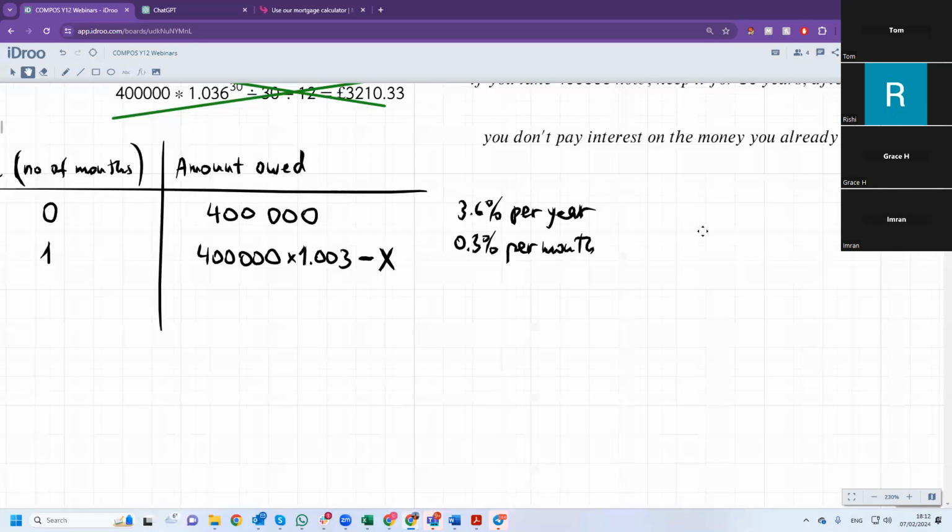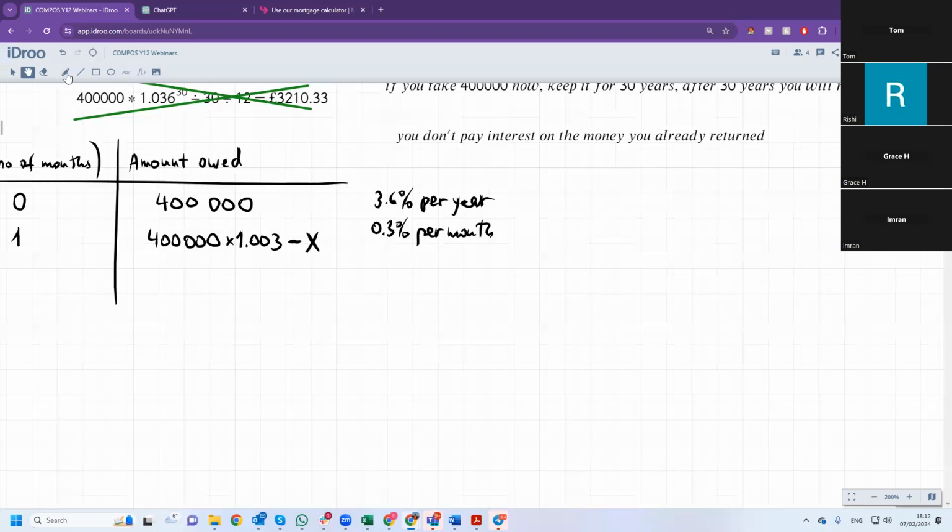So for instance, you had 400,000. After 1 month, you would owe 400,000 multiplied by 1.003. So you would owe 400,000 plus 1,200 pounds.